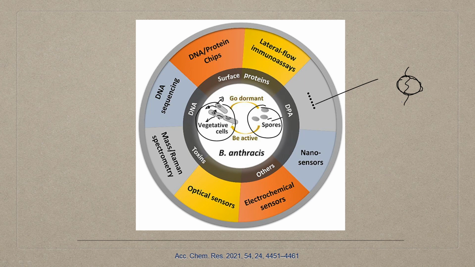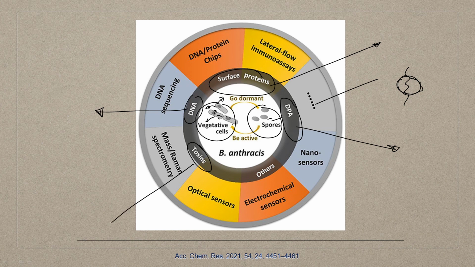So, what are the target elements we are looking at? One of the target elements is the surface proteins, a signature for surface proteins, DPA, DNA, and the toxins associated with it, or any other features which we are yet to discover, or which are in minor concentration but have not been tried out.